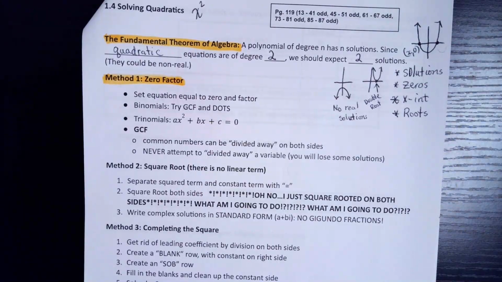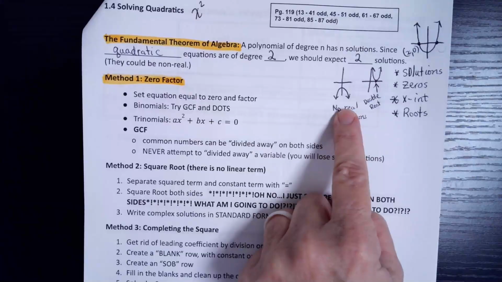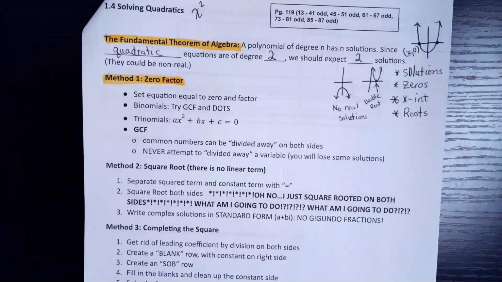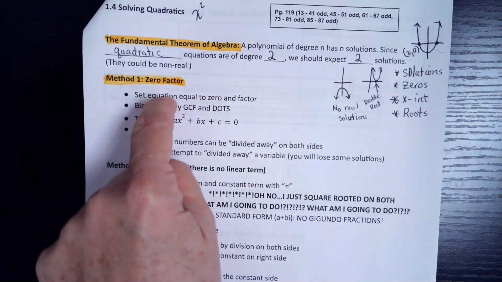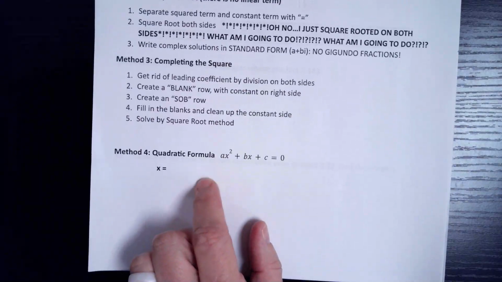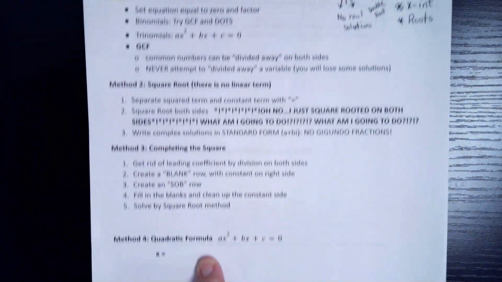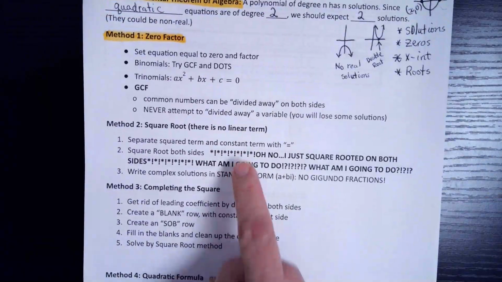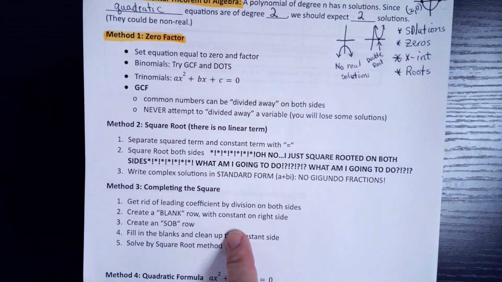Also, if you have imaginaries, you're not going to be able to factor it. So generally for me, zero factor is plan A, and quadratic formula is plan B. We will talk about these others also, all right?